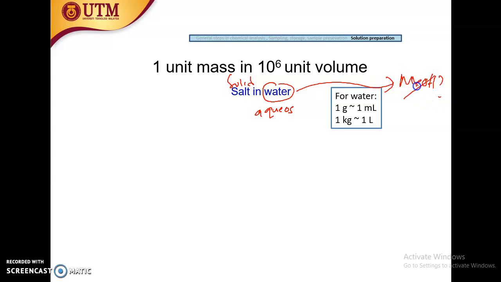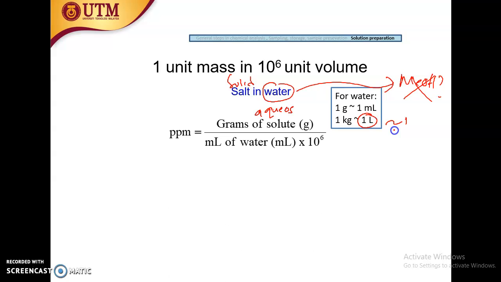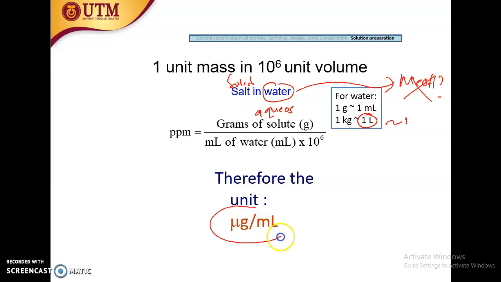The answer is cannot, because 1 kilo of water is equivalent to 1 liter, because the density is almost 1. So that's why it is only applicable for aqueous based solution. The same thing, you can get microgram per ml, or milligram per liter. It's easy to use milligram per liter.